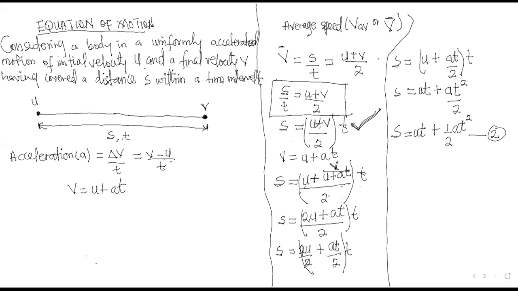Oh, how did it become half? You see? Okay. We had a t squared over 2. This a t squared over 2 is the same as 1 times a t squared over 2.